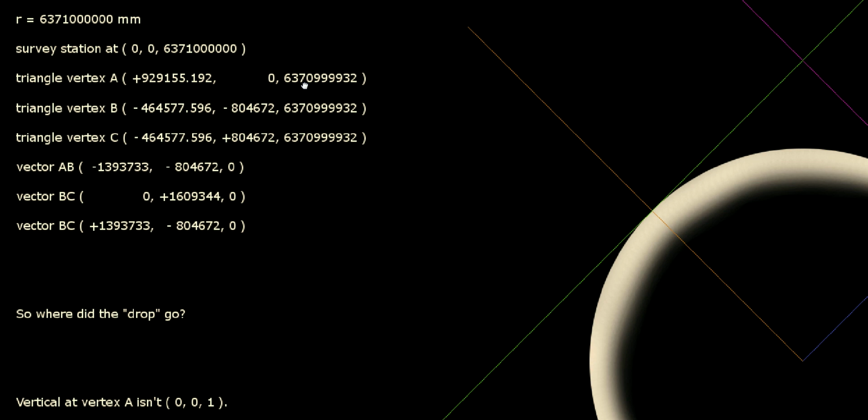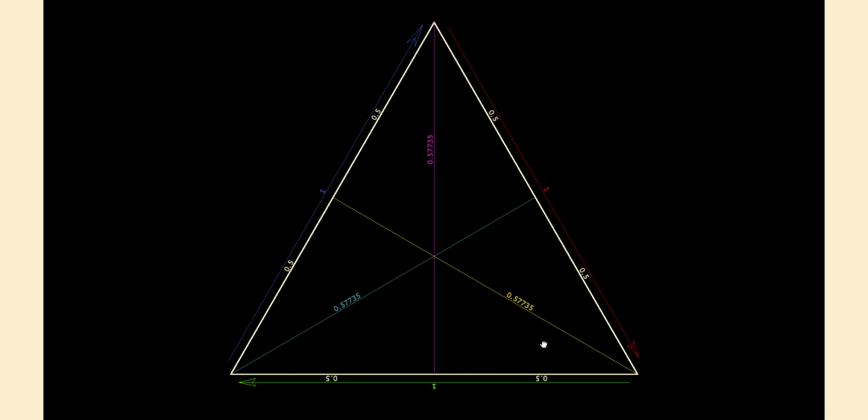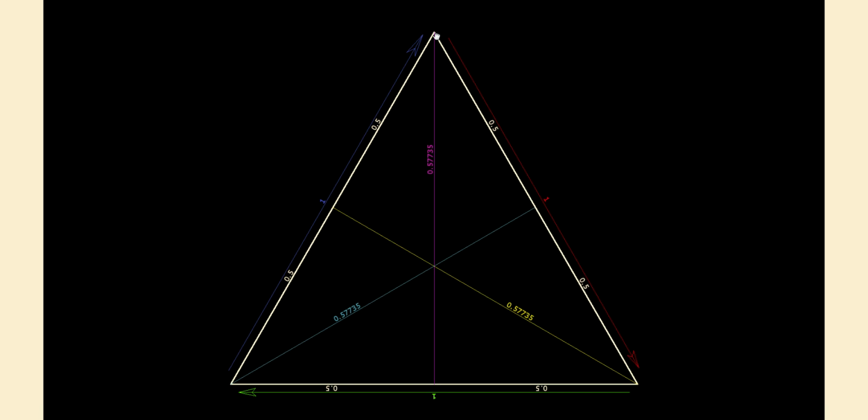Then we have triangle vertex B. Now triangle vertex B is not as far in the negative x direction as vertex A was in the positive x direction. Go back to the equilateral triangle. Vertex B is in the bottom right. It is not as far down on your screen from the centre as vertex A at the top is up from the centre.